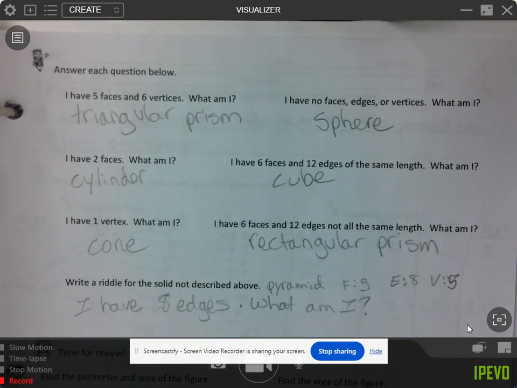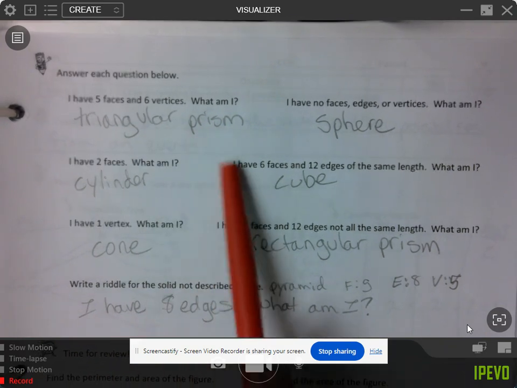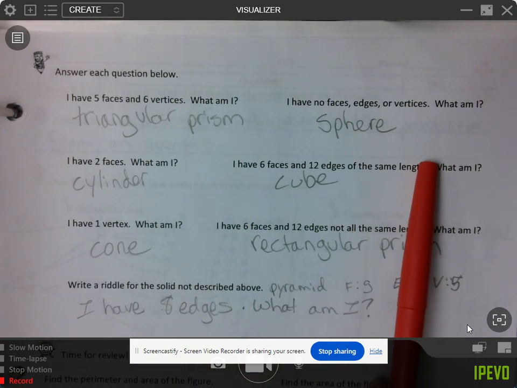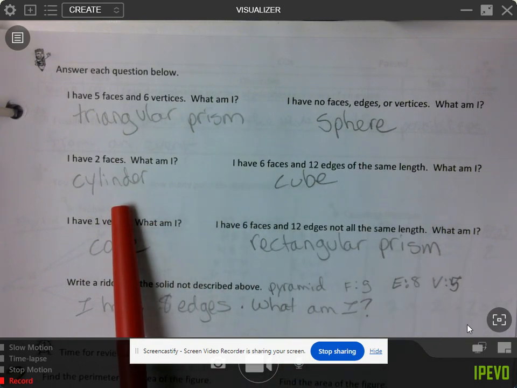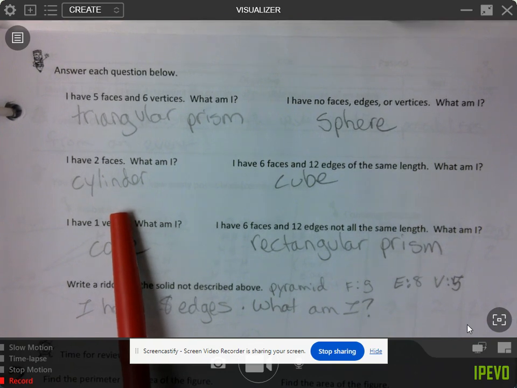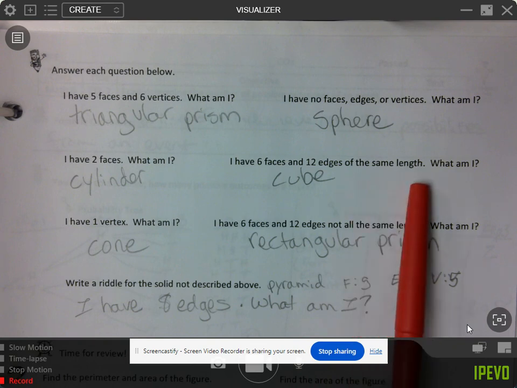I have 5 faces and 6 vertices. That is a triangular prism. I have no faces, edges, or vertices. That would be a sphere. 2 faces, the top and the bottom, would be a cylinder. 6 faces and 12 edges of the same length.